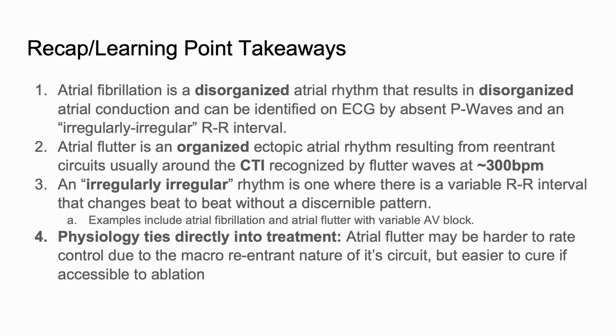Atrial flutter is an organized ectopic atrial rhythm resulting from reentrant circuits, usually around the CTI, recognized by flutter waves at around 300 beats per minute. An irregularly irregular rhythm is one where there is a variable RR interval that changes beat to beat without a discernible pattern. Examples of this include atrial fibrillation and atrial flutter with variable AV block.